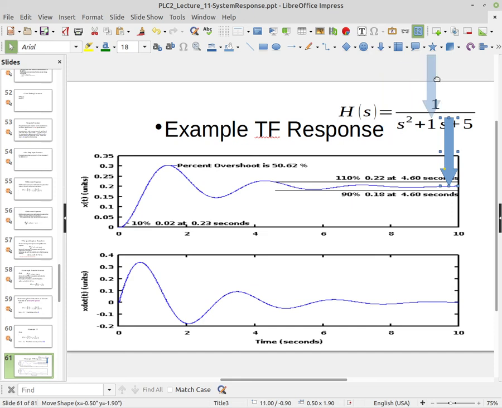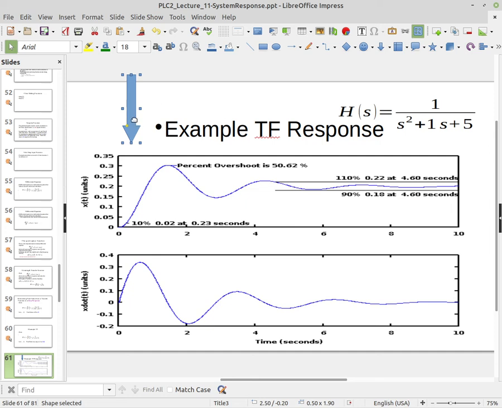So when you look at the transfer function, you can see what the natural frequency is for its oscillations. You can see how much friction is in the system, and you can also very quickly see the final value and how far off it is going to be. So we're basically off 80% of what our set point was.